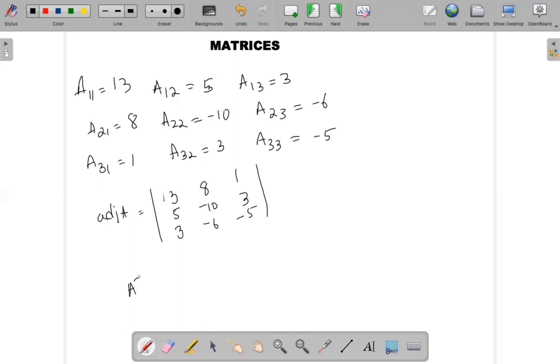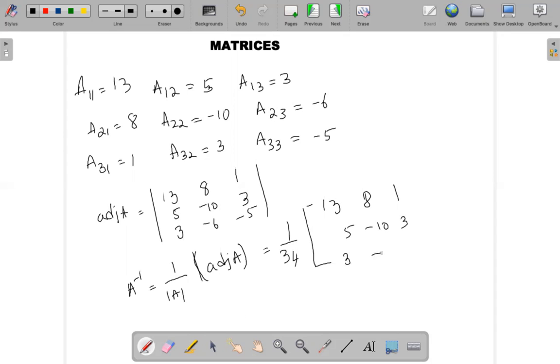And A inverse will be 1 by the determinant multiplied by the adjoint. The determinant we got as 34, right? We got this result, so this is A inverse.